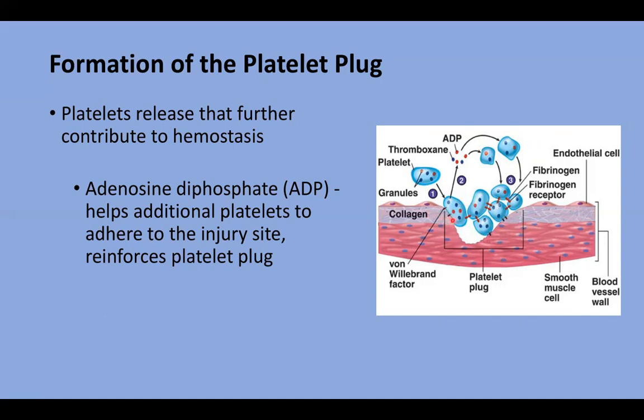Now, not only do the von Willebrand factors help in forming this platelet plug, but when the platelets themselves get stuck, they are going to release chemicals that are going to further the activation of other platelets and attract more platelets to the area, kind of like the monocytes did with the chemotaxic chemicals.